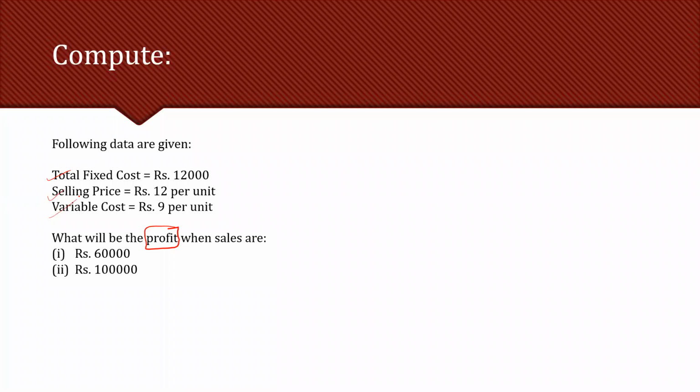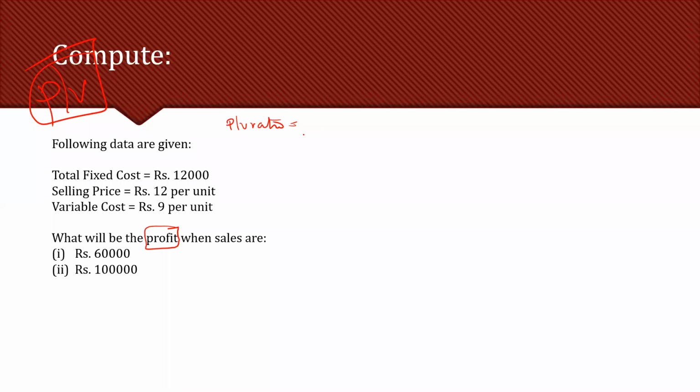60,000, 1,00,000 രൂപയുടെ sales നടക്കുമ്പോൾ what is the level of profit? So how can you find out? What is that tool? Anyways, we have to find out this fellow. What is that? PV ratio. Tell me how, using this data, you can find out PV ratio.